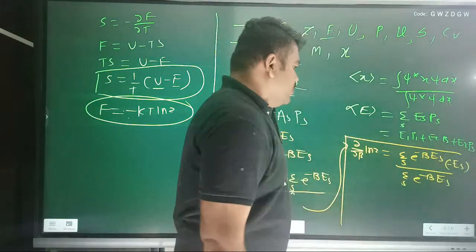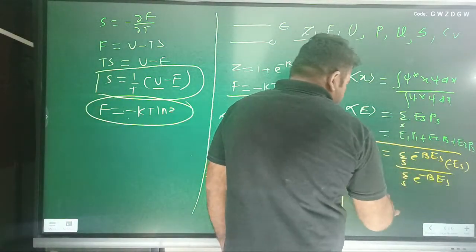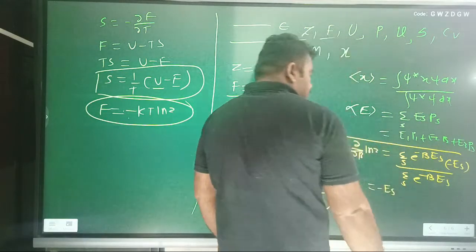Now, this is equal to how much? Minus E_s is a constant factor, so we can take it common.